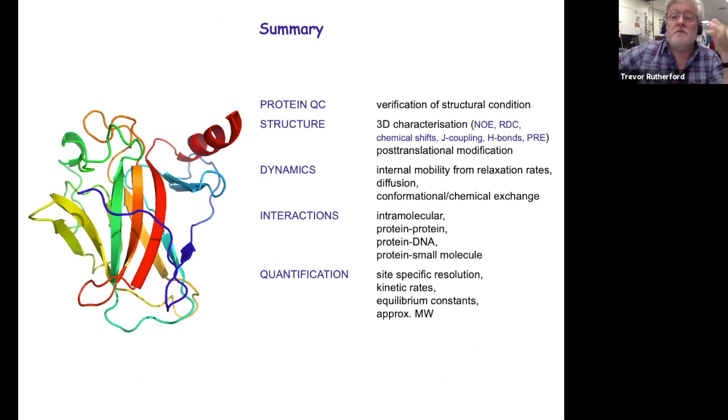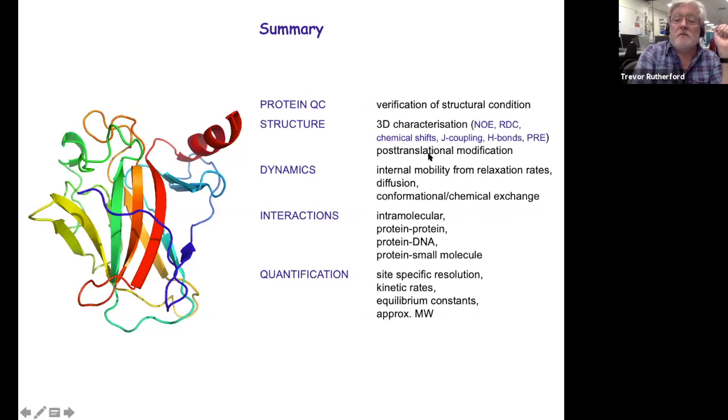So just to summarize then, the advantages of what we can do, the scope of biomolecular NMR, is looking at the protein quality control, so we can do verification of structural condition. We can look at 3-dimensional structural characterization and looking at perturbation in the regions of structural characterization, including the formation of complexes.